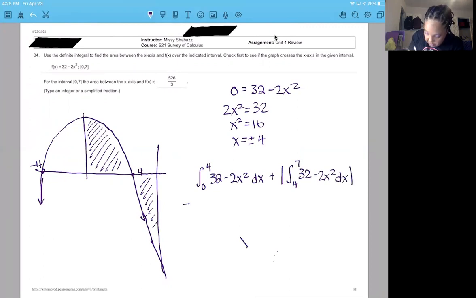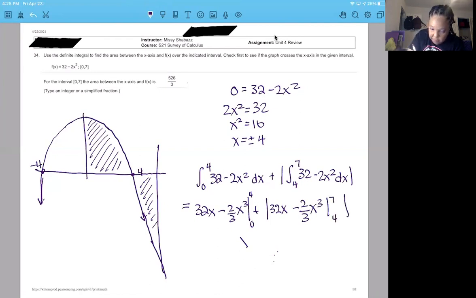All right, so let's integrate. We get 32x minus 2/3 x cubed from 0 to 4, plus the absolute value of 32x minus 2/3 x cubed from 4 to 7. And now let's plug in.